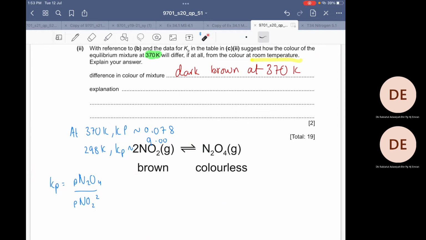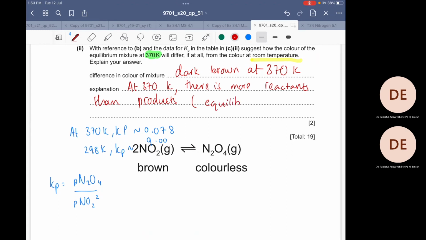The explanation is that at 370 Kelvin, there is more reactants than products, aka equilibrium shifts to the left. That's why you see more brown.